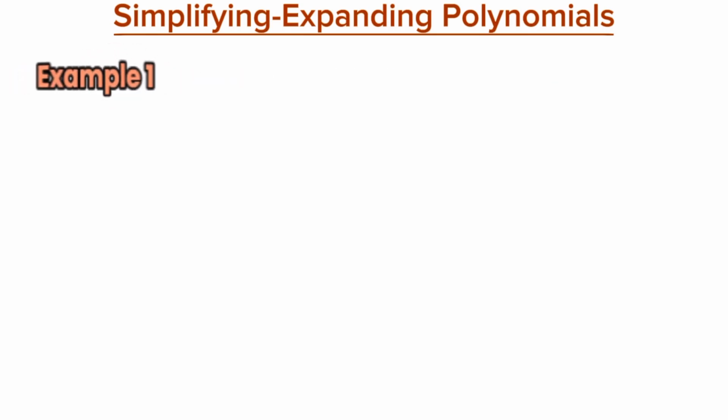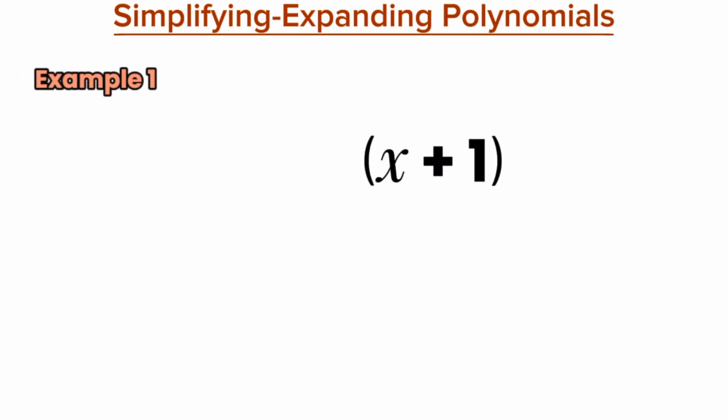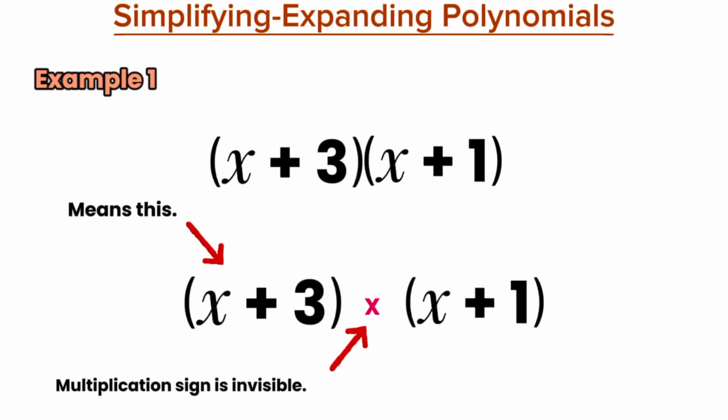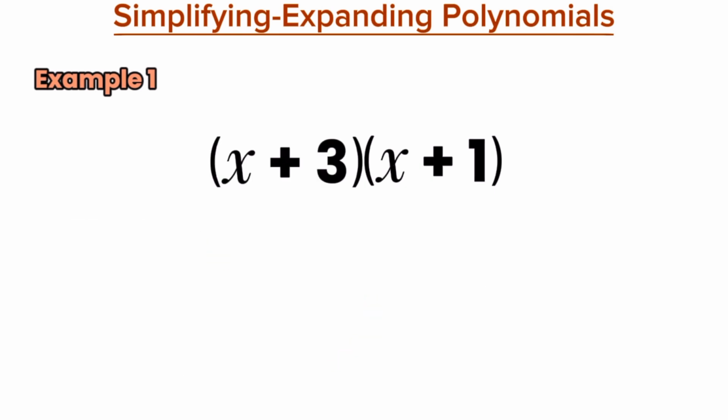So let's take a look at the expression x plus 1 again. Instead of multiplying it by x or 3, we are going to multiply it by x plus 3. To expand, we now share the x and 3 terms with the x and 1 terms by multiplying and writing it out like this.